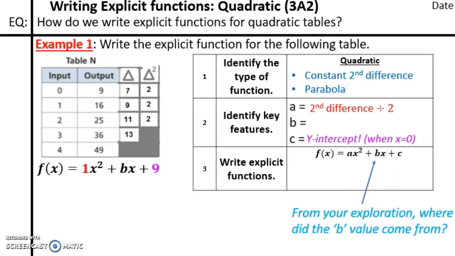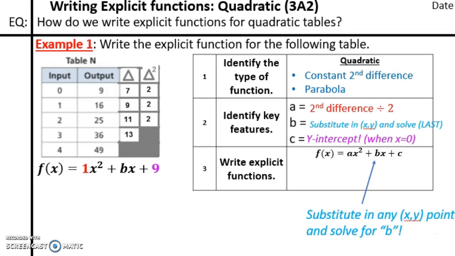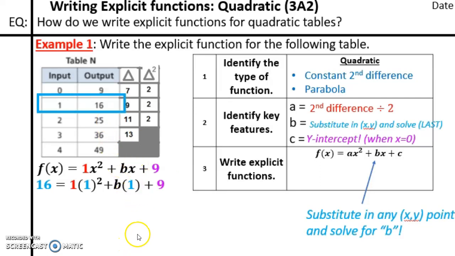Okay, so B, it is the toughest one to find. And to find B, we are going to substitute any point x, y from our table, and then we're going to use reverse operations to solve for B. Okay, so I usually pick the point 1, 16 because it's really easy to solve for 1b.